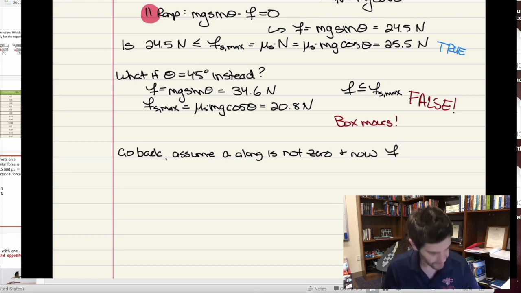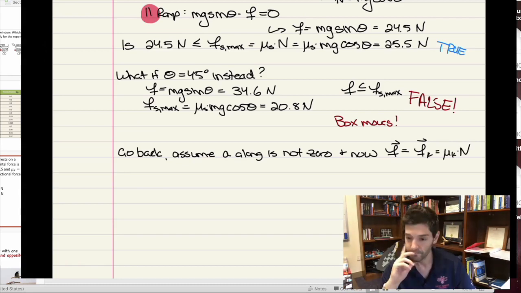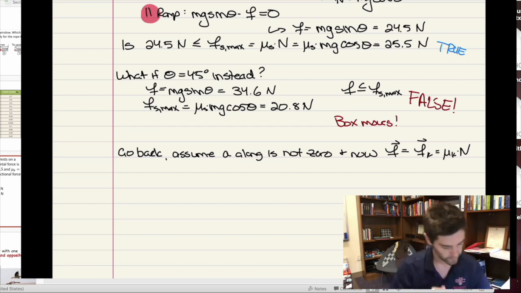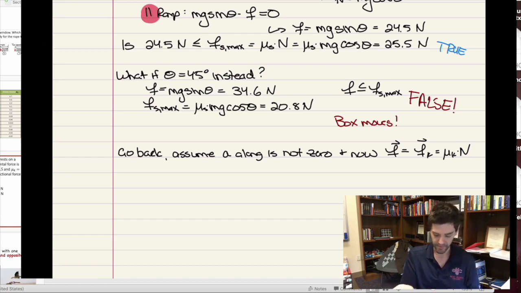And now the friction that you experience is not some unknown that we had to solve for, but it is now the kinetic friction force, now that there is motion, equal to mu k times N. The component that is perpendicular to the ramp obviously does not change. The box is not being pushed more or less into the ramp. The normal component does not change at all in this case.